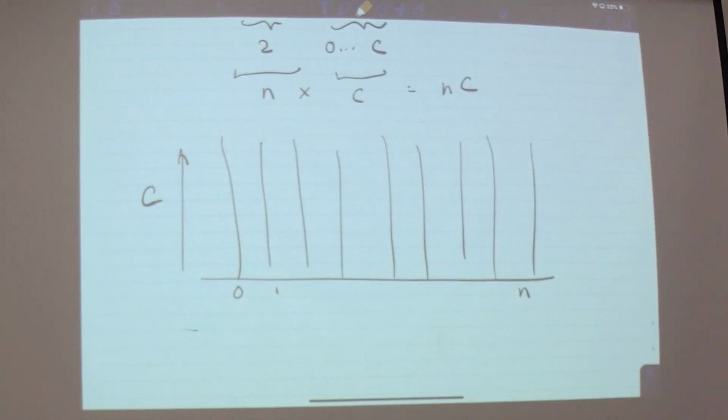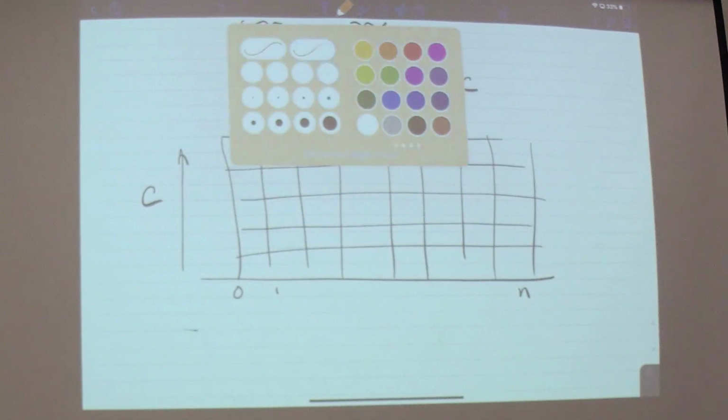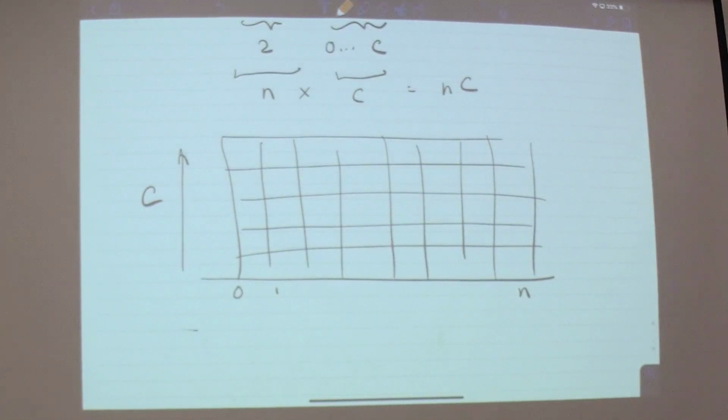And what we just said is that the cases where we know what to do are the case when C is 0, and the case where we have just one item.